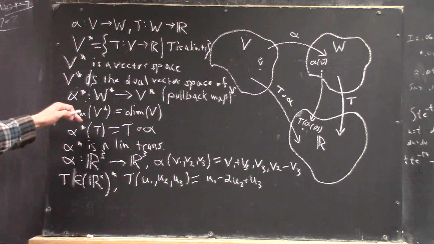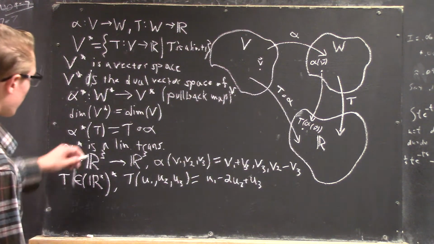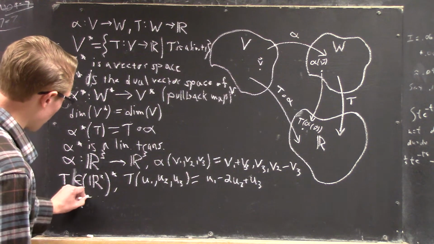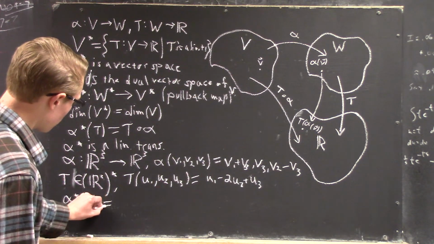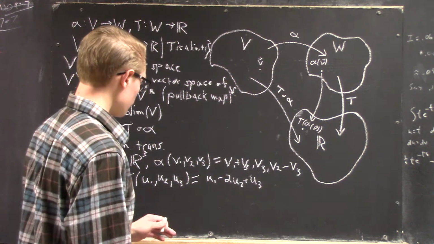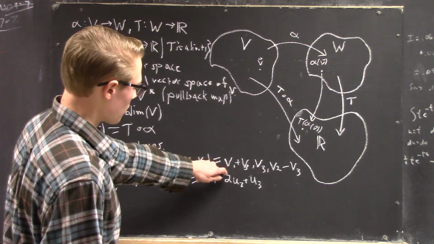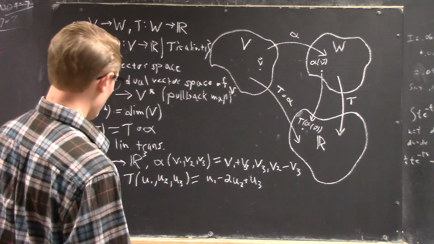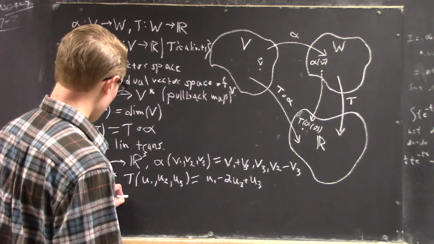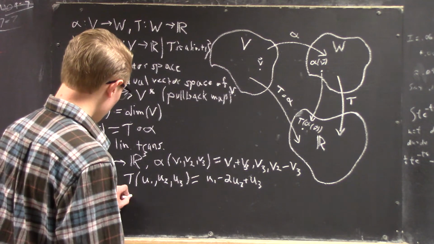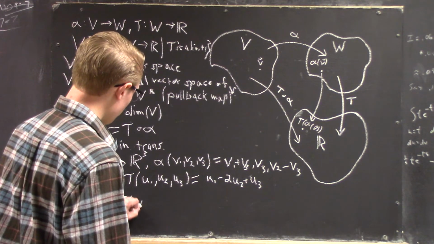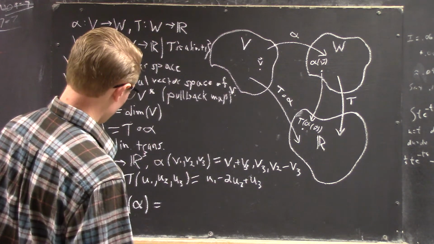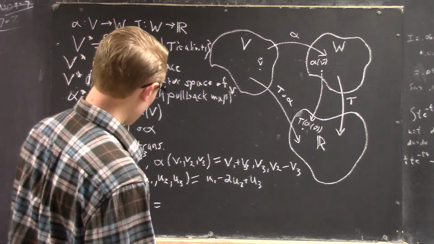Well, going back up here, the pullback of T by alpha. Of course, this can be represented by a matrix. For this particular case, we'll write this out, T of alpha, by writing out the matrix representation for each transformation.